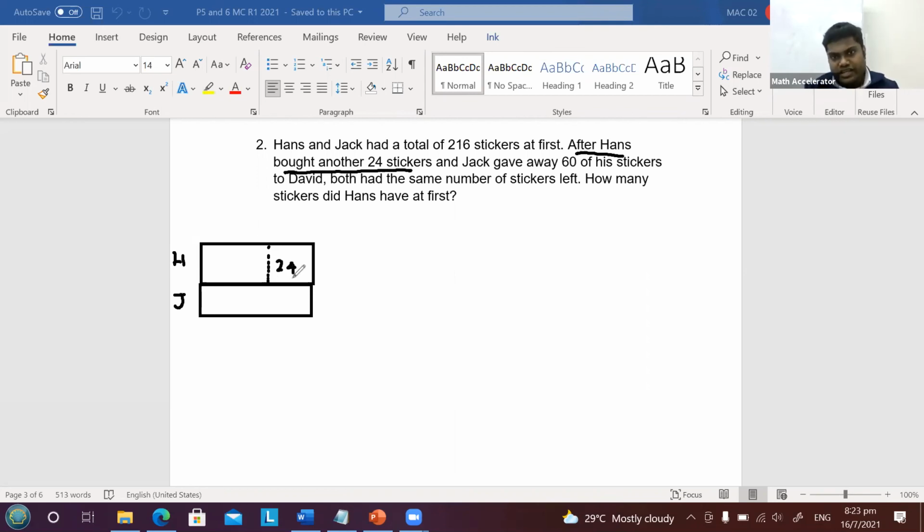Now let's look at Jack. After giving away 60 stickers, he has achieved this value, right? Which means at first he had 60 stickers more, logically, correct? So add the 60. Okay, so now I want you to go and shift.